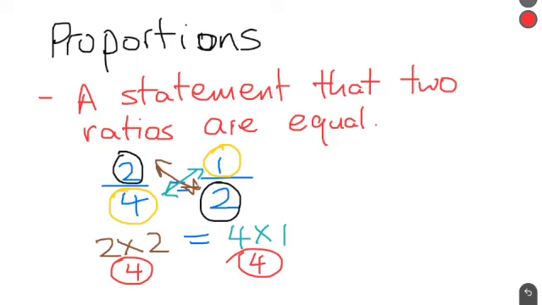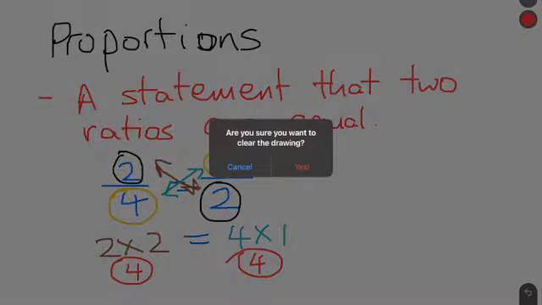We can use cross products to help us find missing terms in proportions. Basically, we will use two steps. The first step is to find the cross product.